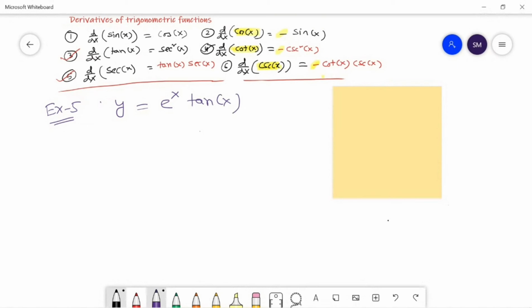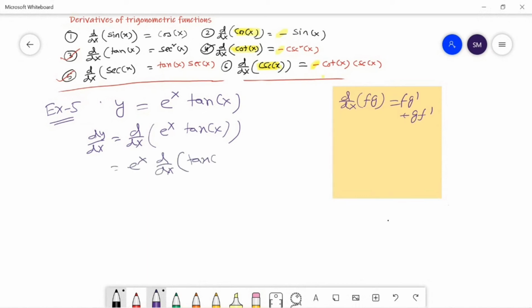Our next example is y equal to e to the power x multiplied with tan x, which we can write as dy dx equal to d dx of e to the power x tan x. Then we will apply the product rule, which is written on the right hand side, and we have e to the power x d dx tan x plus tan x d dx e to the power x.